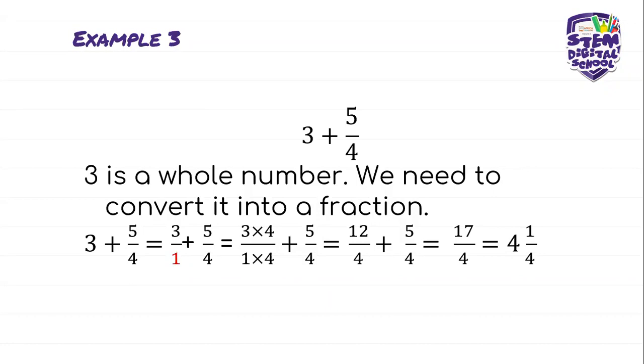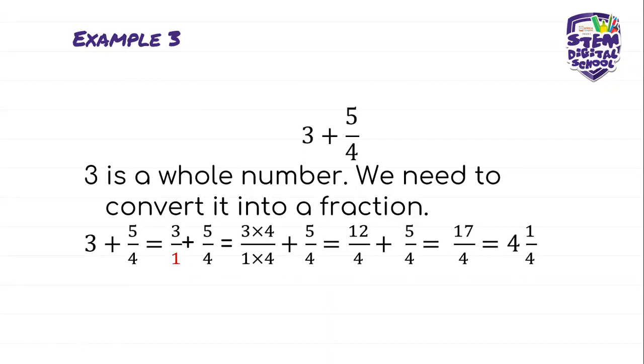So we now have a fraction. We have now converted 3 into a fraction. And the fraction is as follows now: 3/1 plus 5/4. So how do you now add the two fractions together? Remember that the denominators are again not the same. One has a denominator which is 1, that is one fraction.